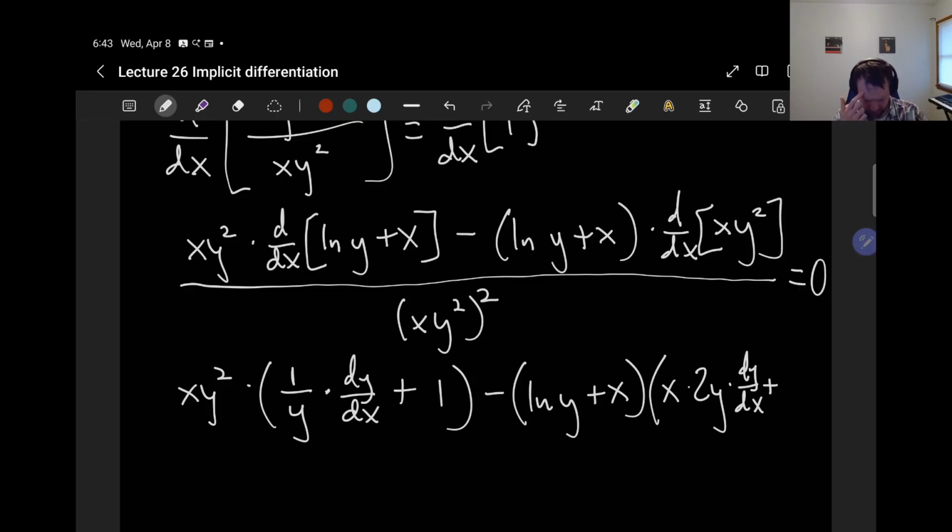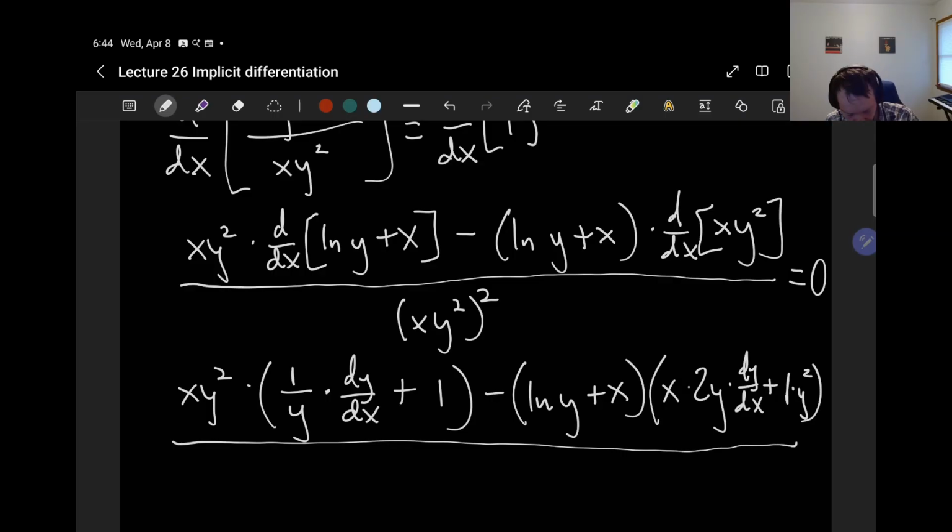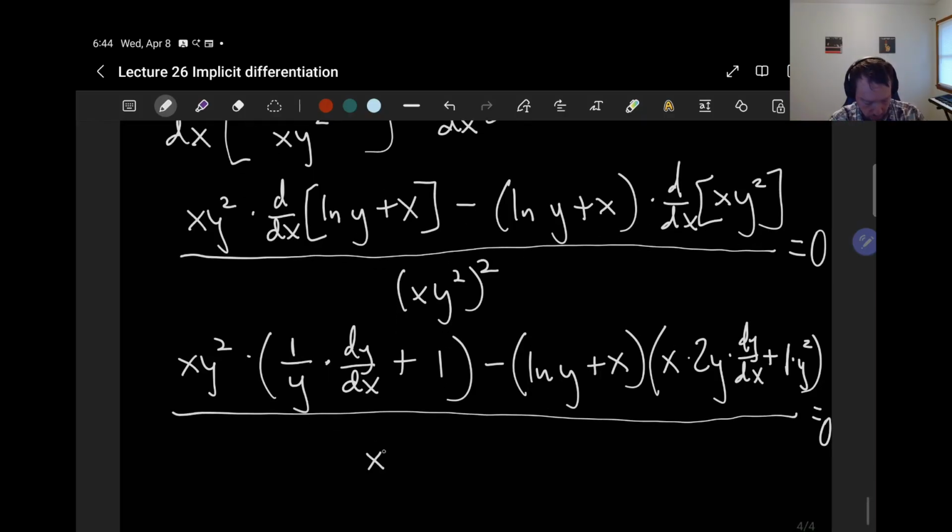Plus, now derivative of x is 1 times y squared. I'm running out of space for my equals 0. And we can actually go ahead and square that. Often I just leave it written as a squared thing, but here it's pretty nice just to do it. X squared y to the fourth.